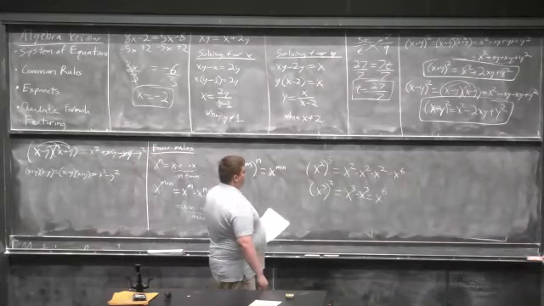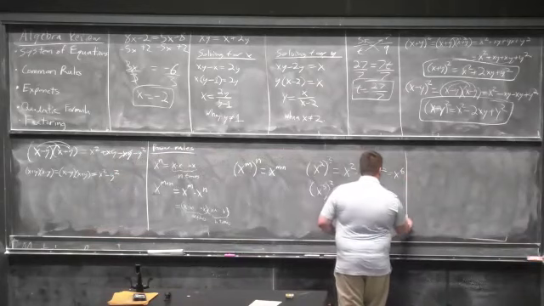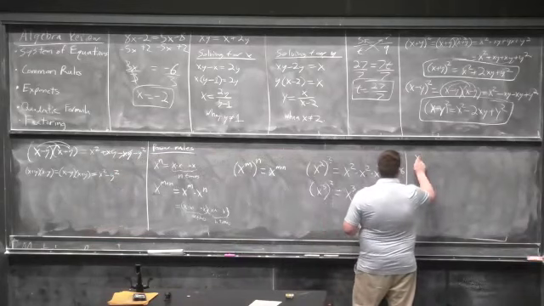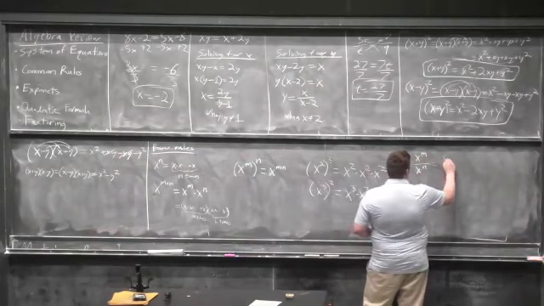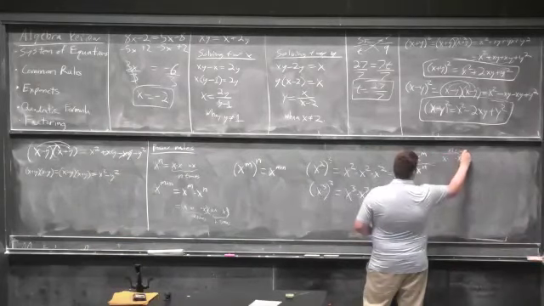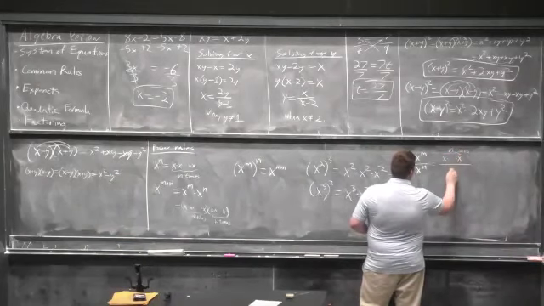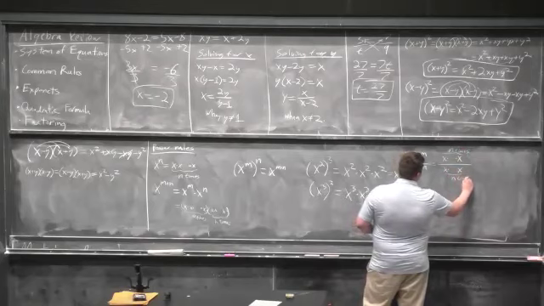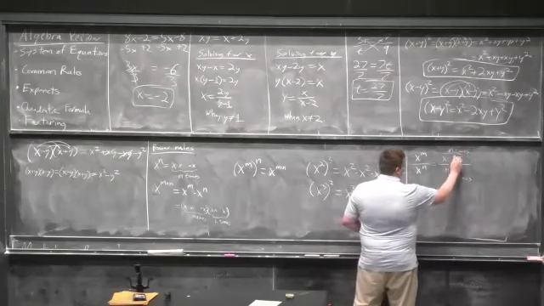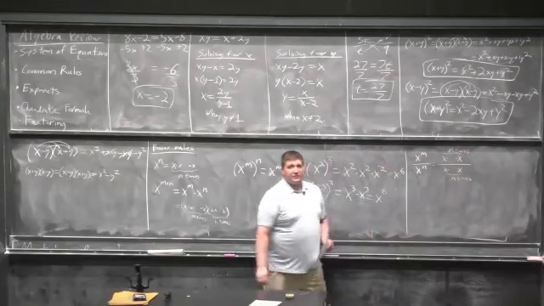So now you might ask, well, what if I have x to the m divided by x to the n? Well, I have x times a bunch of other x's, m times, divided by x times a bunch of x's, n times, and so I can cancel a bunch of x's.